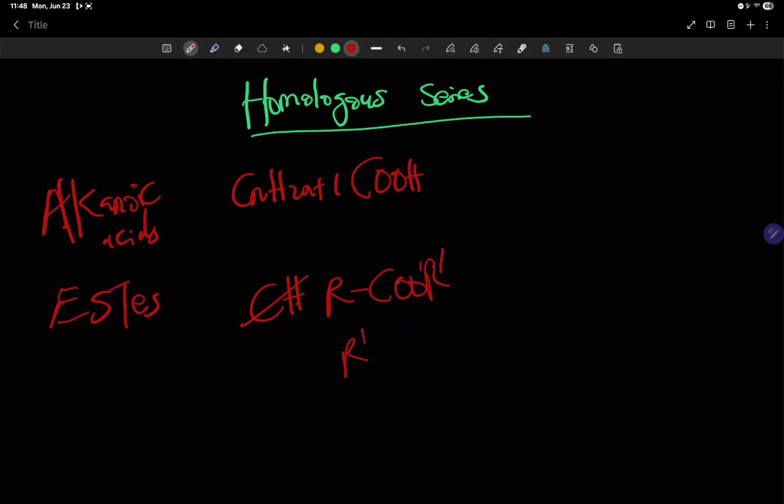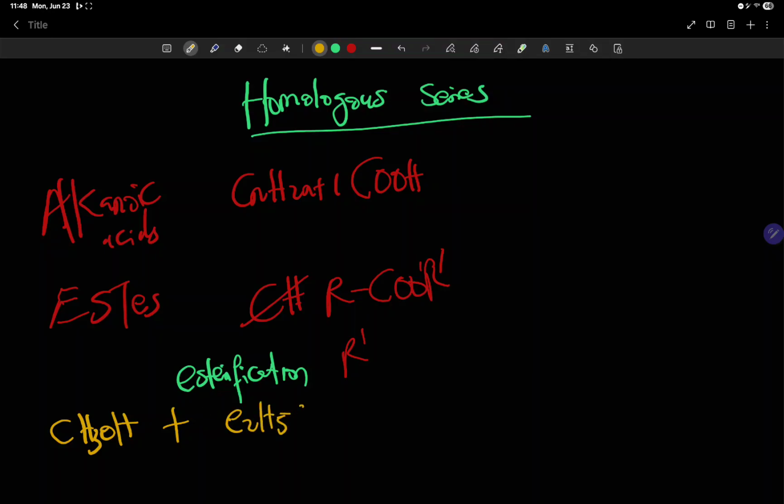Now these esters are formed when a reaction known as esterification takes place. What is esterification? It is a reaction between an alcohol and an alkanoic acid to form an ester, which is simply what I showed here.